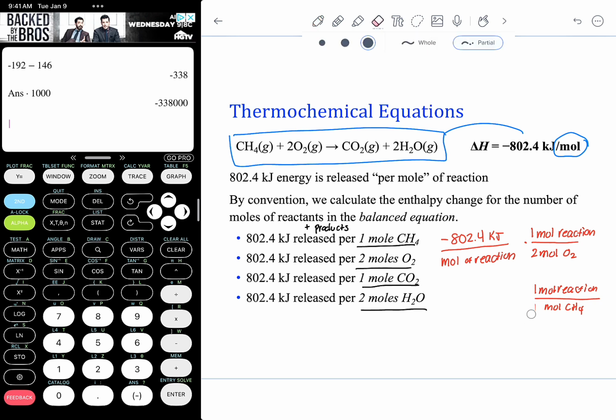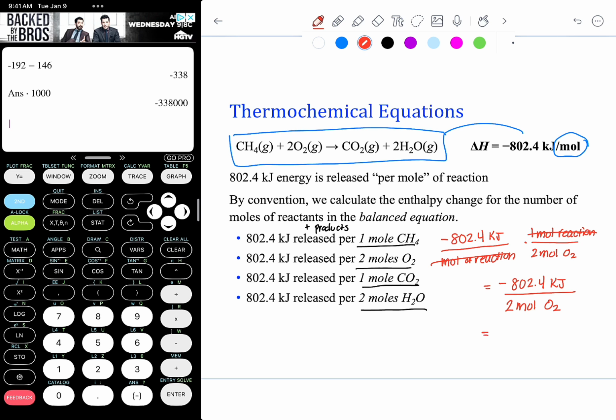So we could technically rewrite this now as negative 802.4 kilojoules per 2 moles of O2. Okay, moles of reaction ends up canceling. Now, you could keep this as 802.4 over 2 moles of oxygen, okay? Sometimes that's just easier. You'll see in our practice problems that maybe that's the easier way to do it.